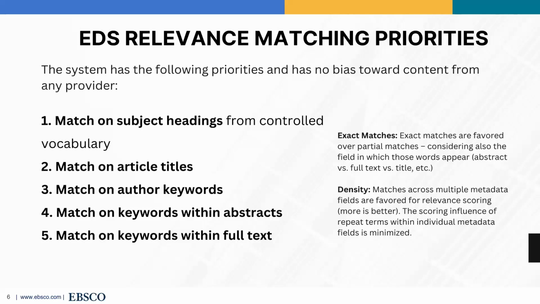Field ranking works by implementing the following priorities to the search results, and it will have no bias toward content from any provider. The system will show results according to the following. First is match on subject headings from controlled vocabularies, followed by match on article titles, match on author keywords, match on keywords within the abstract, and finally match on keywords within the full text.